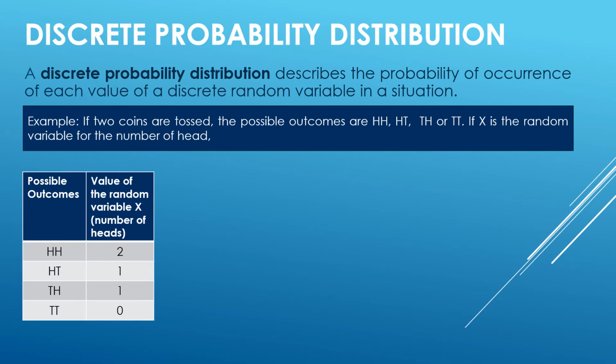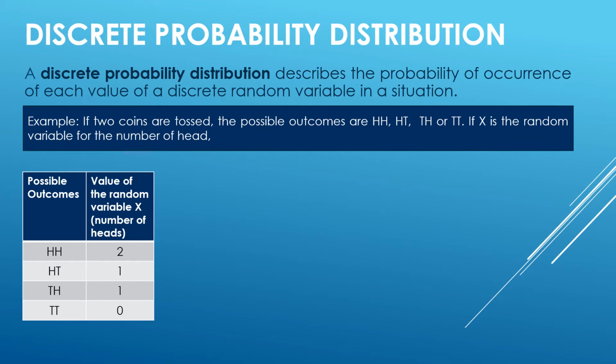so we will represent that in a table having 2 rows. The first row, you will write down all the possible outcomes. So we have here head-head, head-tail, tail-head, and tail-tail. For the second row, it is all about the value of random variable, which is the number of heads, since our random variable x is the number of heads.